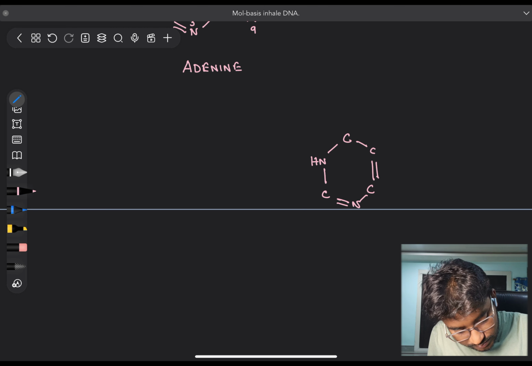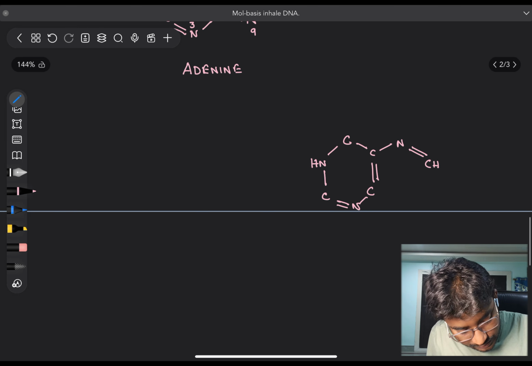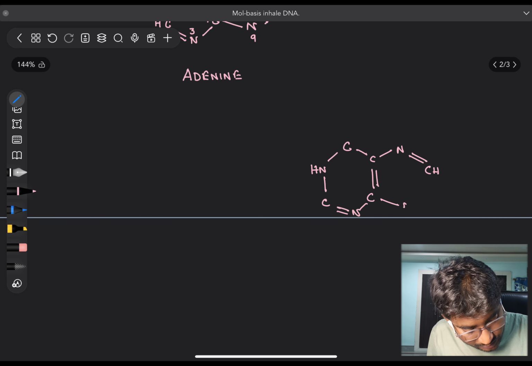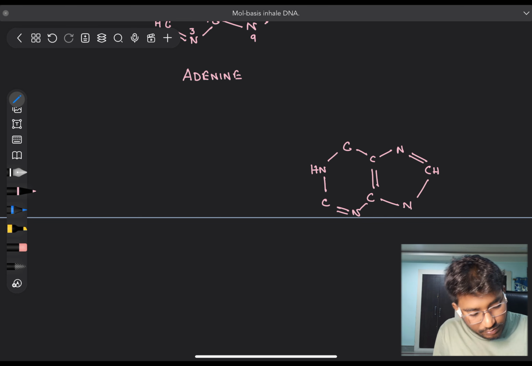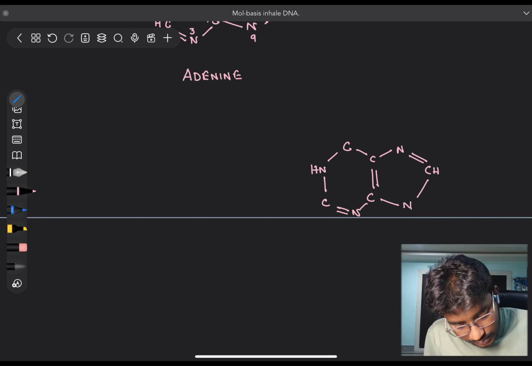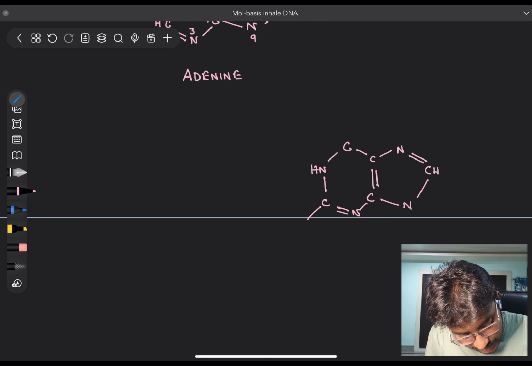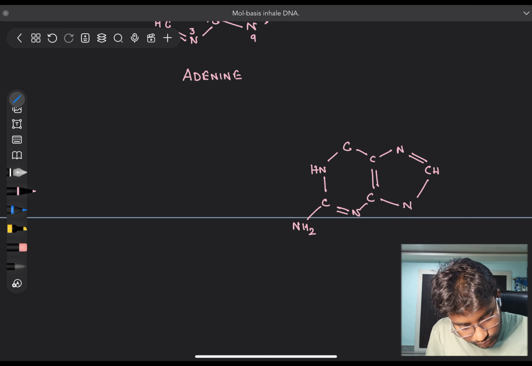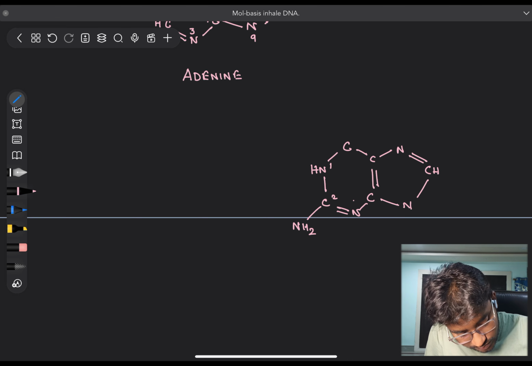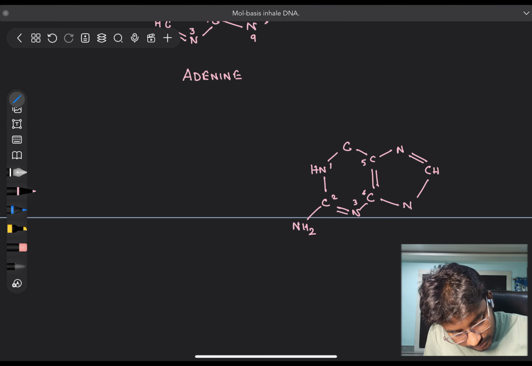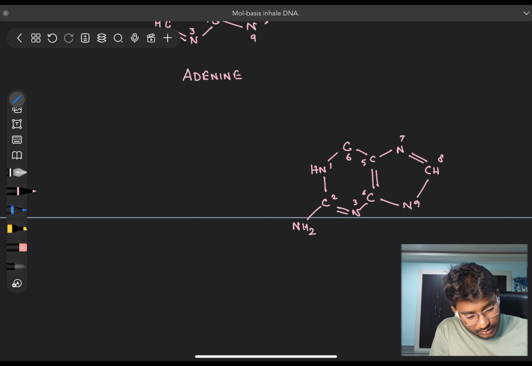This double bond carbon is singly bonded with nitrogen and doubly bonded with another carbon. This one singly bonds with nitrogen, and this one also singly bonds with nitrogen. Now this carbon has an amine group, that is NH2. Let me number it 1, 2, 3, 4, 5, 6, 7, 8 and 9. This is the structure of guanine.